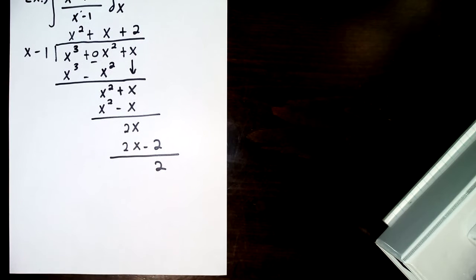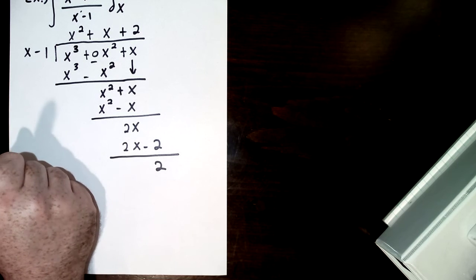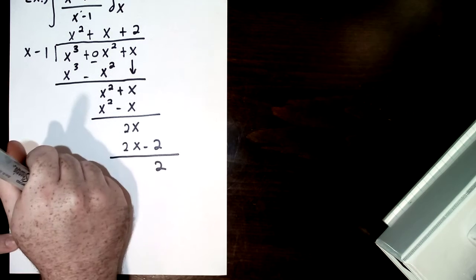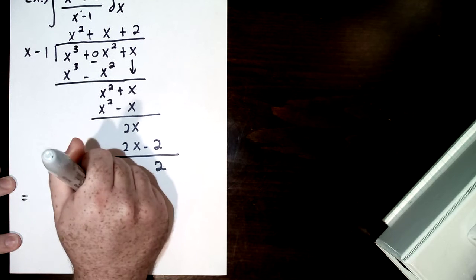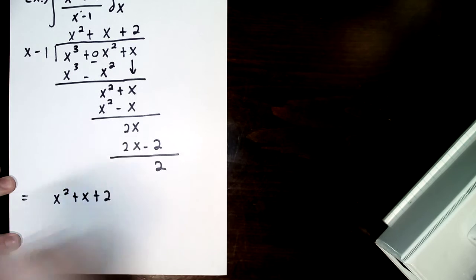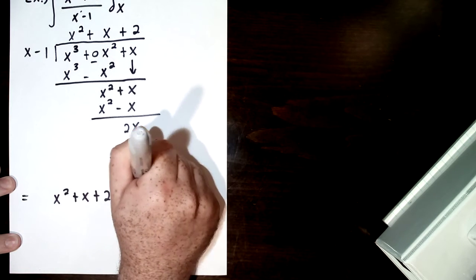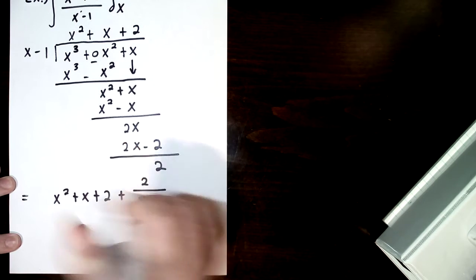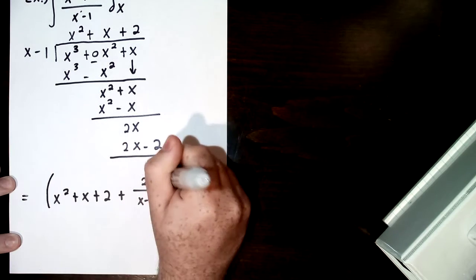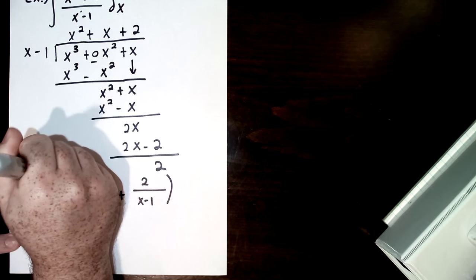All right, so now that we've performed the long division, we'll go ahead and evaluate the integral. So this is going to be equal to, well, x squared plus x plus 2, plus 2 all over x minus 1. And our challenge now is going to be evaluating this integral.